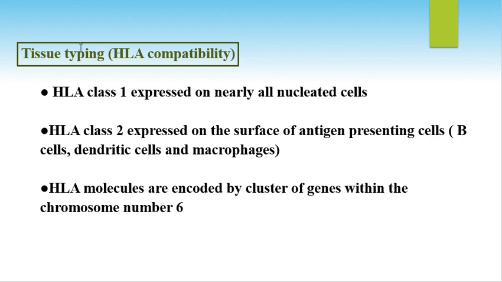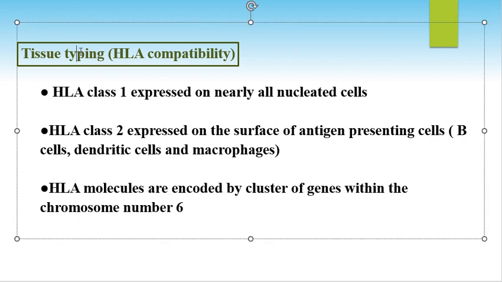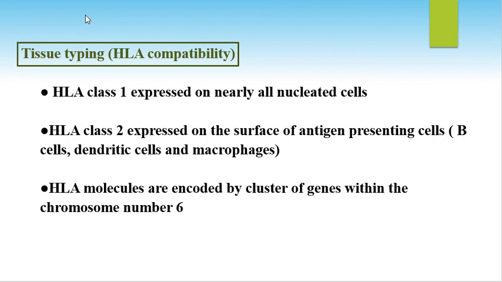Also, tissue typing. It is very important to type the tissues between donor and recipient before transplantation. However, I would like to give an account on HLA compatibility before talking about tissue typing. HLA has two classes.